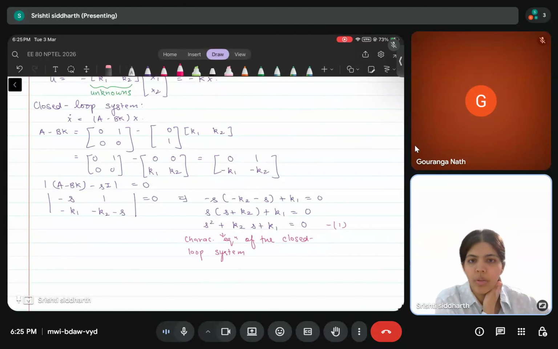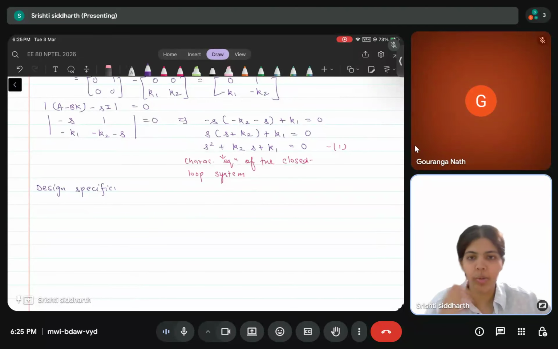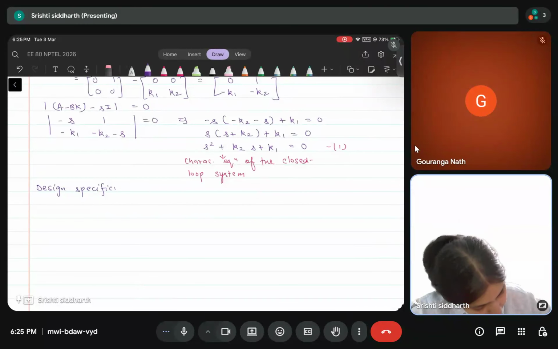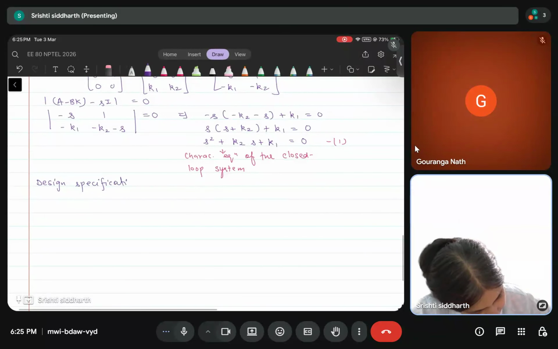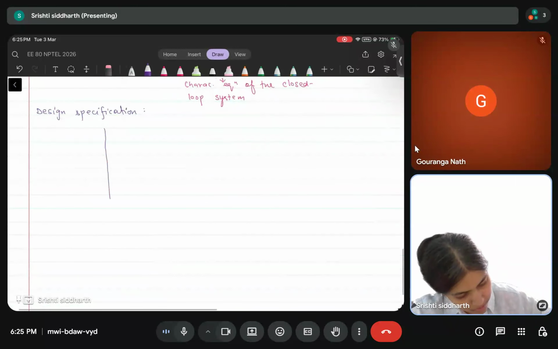Now we have to select some eigenvalues. So let's say that we have been given some design specification. And this is a second order system. So design specification can be in terms of settling time or peak overshoot.